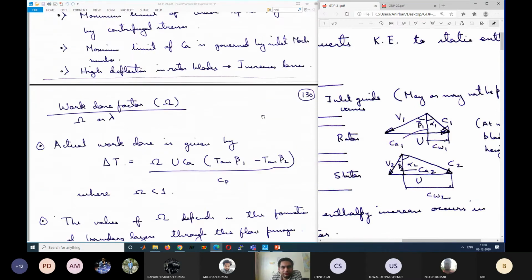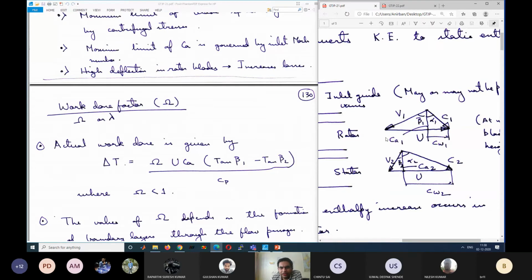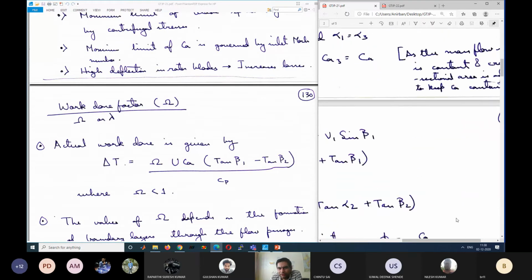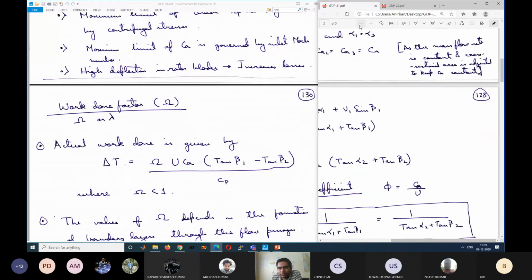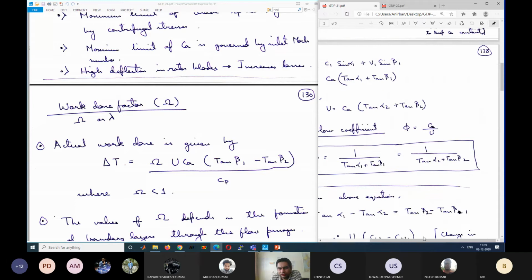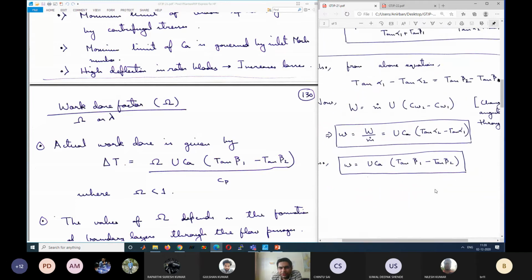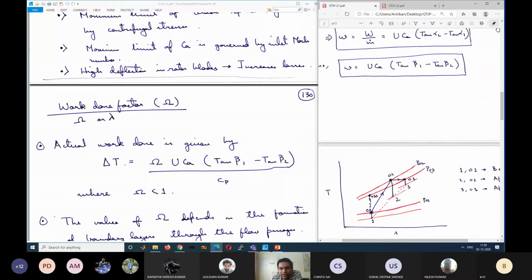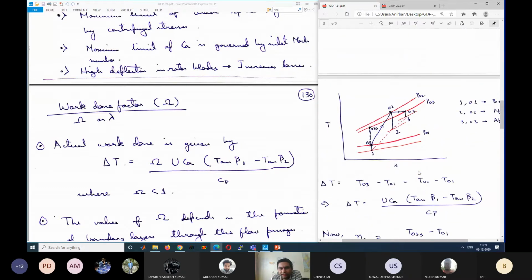Now one important thing is that I will just keep this expression for work open here. We have discussed that the work input to the fluid is UCA (tan beta 1 minus tan beta 2), or delta T can be written as UCA (tan beta 1 minus tan beta 2) by Cp.